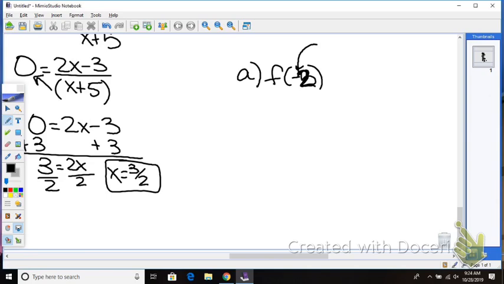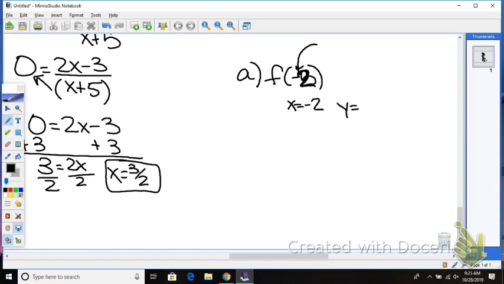So I want to look on the graph when x equals negative 2, what is my output or my y value? So you're looking at that graph right below, and you're going to go to negative 2. What is the y value of the graph when x is negative 2? Negative 2? Wait, 0?